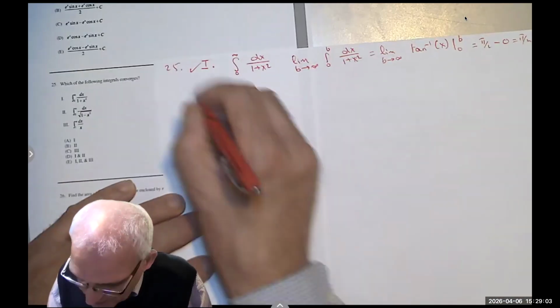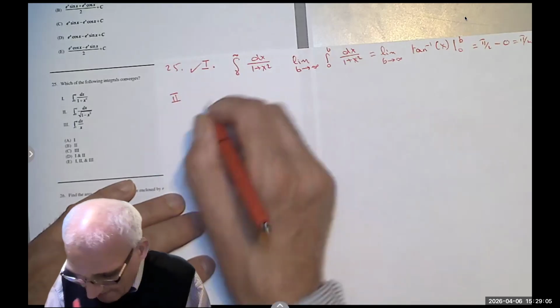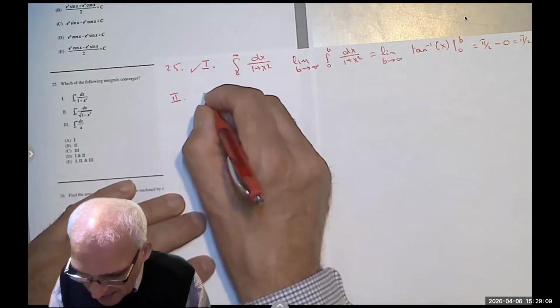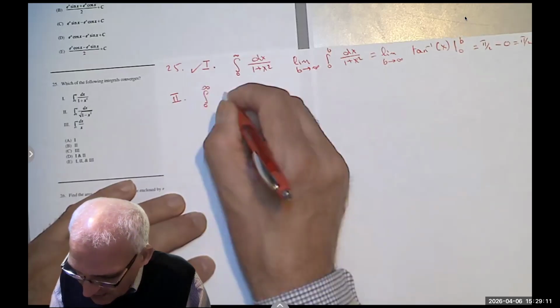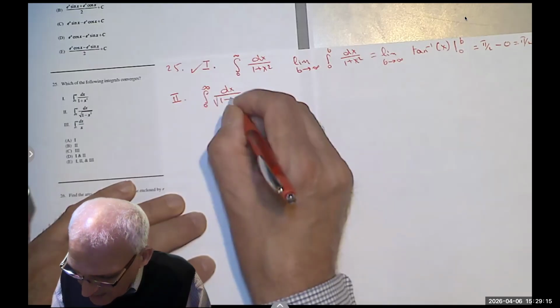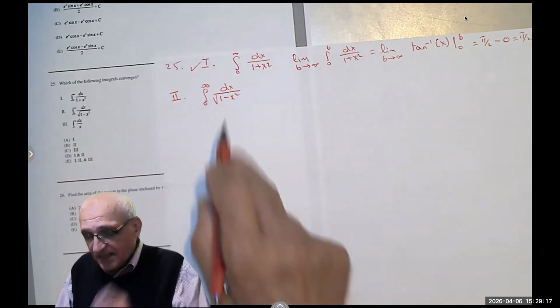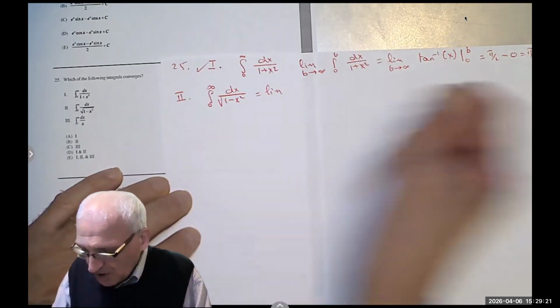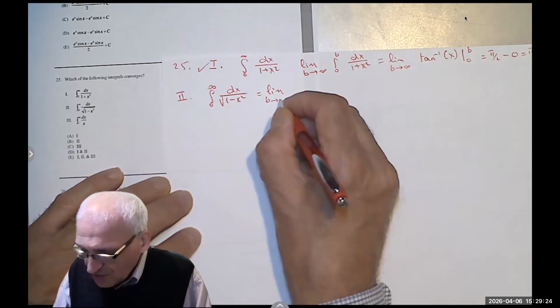Let's look at 2. Integral from 0 to infinity of dx over 1 minus square root of 1 minus x squared. Well, again, you can do the limit. Of course, when you solve, since you're not showing work, you don't need to do that.